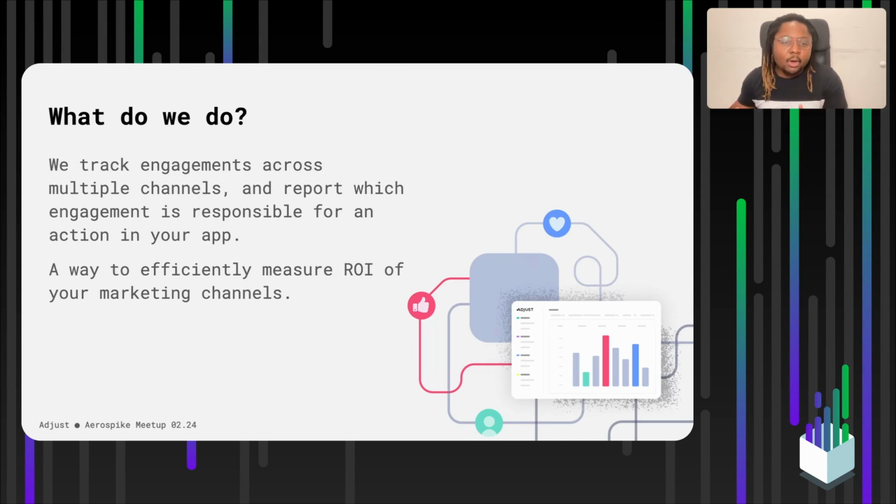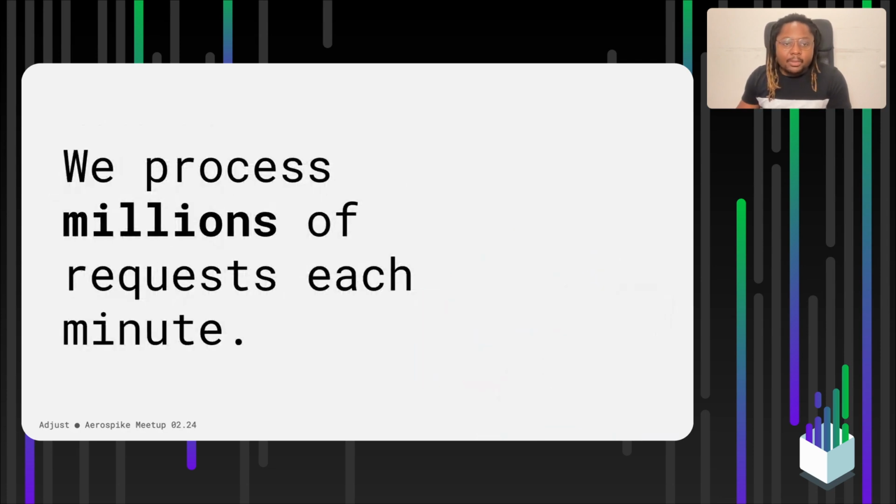We help them attribute and figure out which channel is most efficient, where they can spend their money, where they can deploy more resources. So in order for us to do this, we process millions of requests each minute.